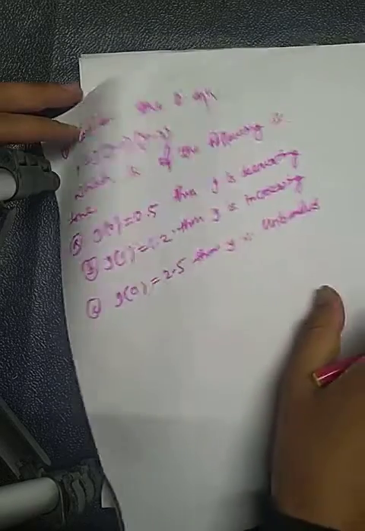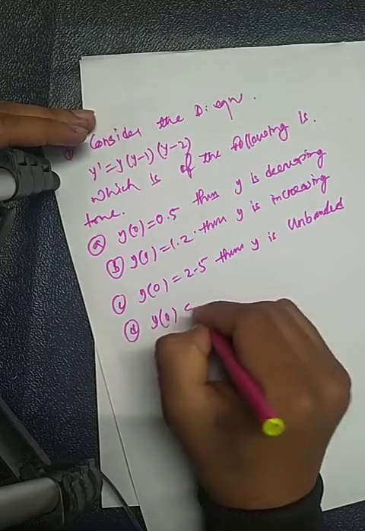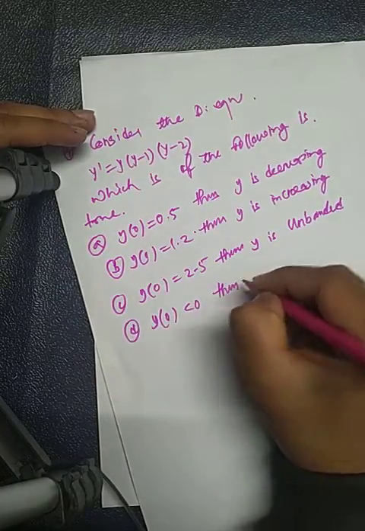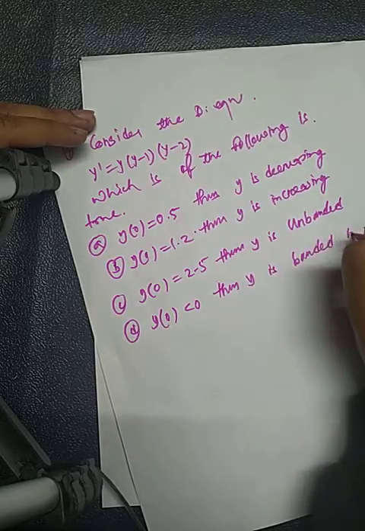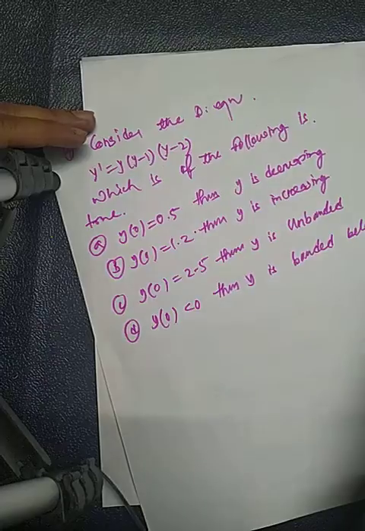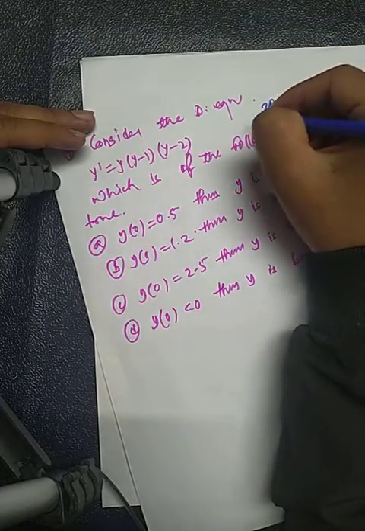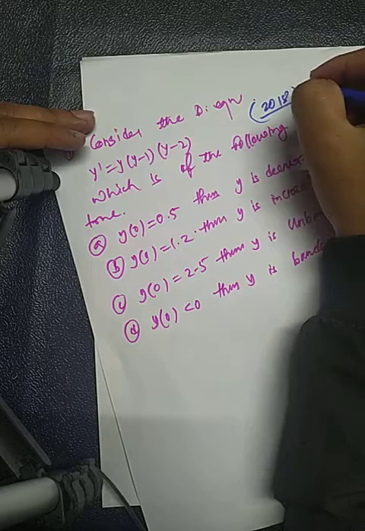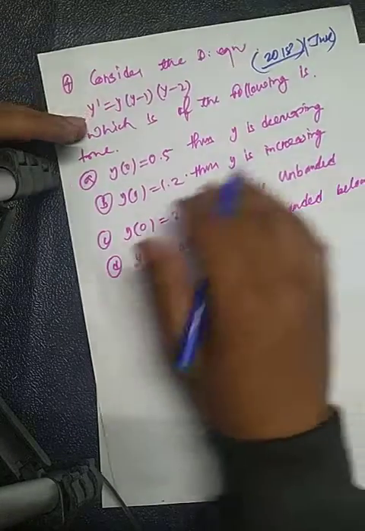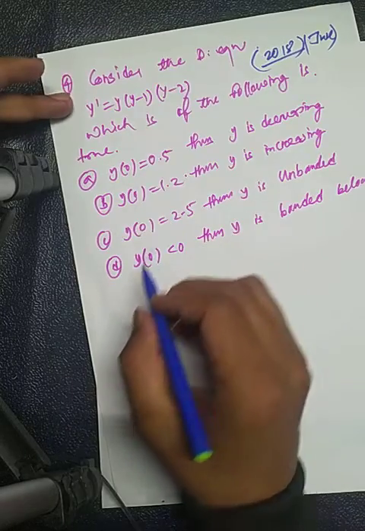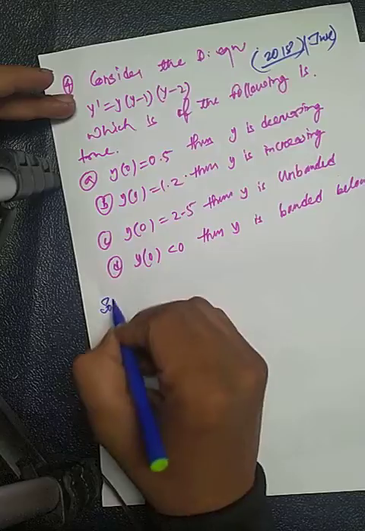And the fourth one says that if y of 0 is less than 0, then y is bounded below. So this is a problem from the very recent exam, June 2018, so it is very important. This is a problem on the phase curve.